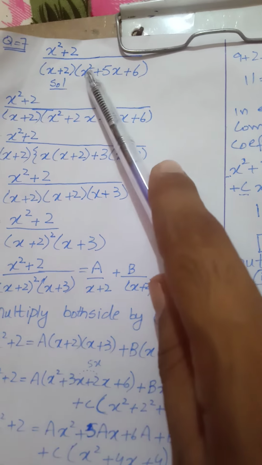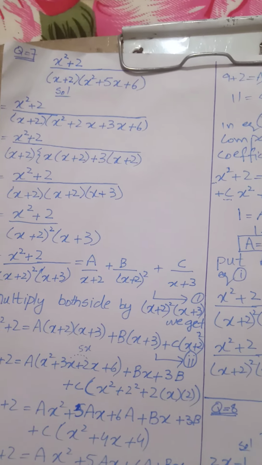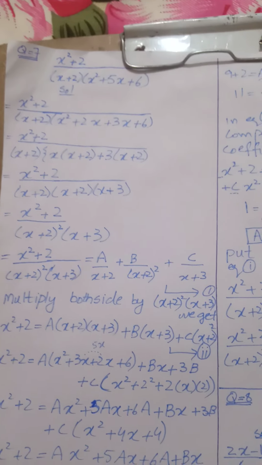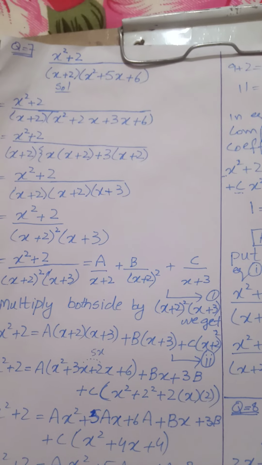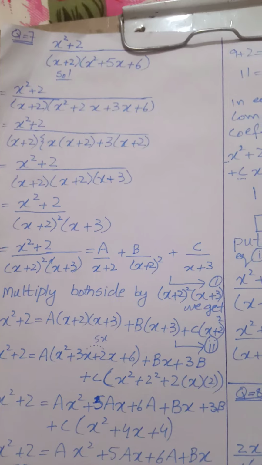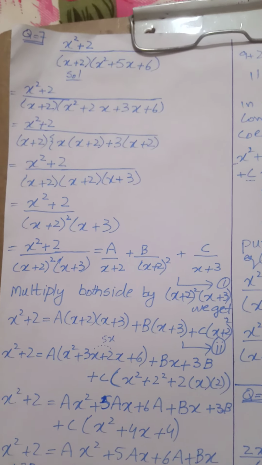You see that this is x square, so this is not linear. It gives us two values of x, because you can either factorize or apply a formula, the quadratic formula, or any other method like completing the square.